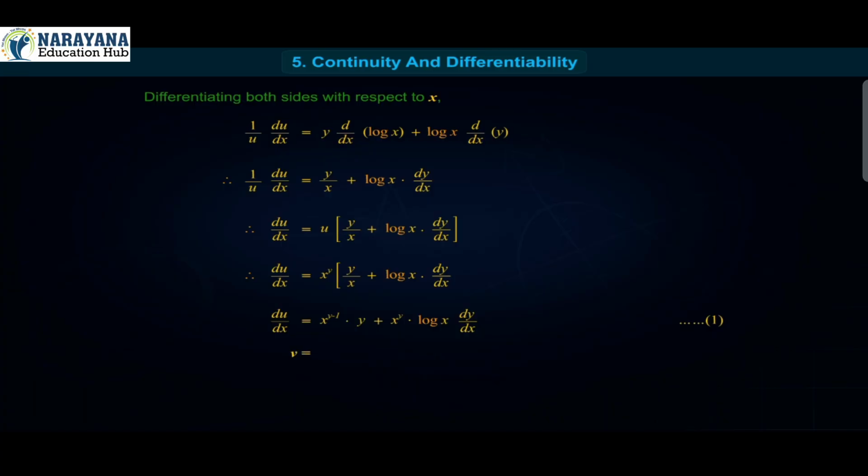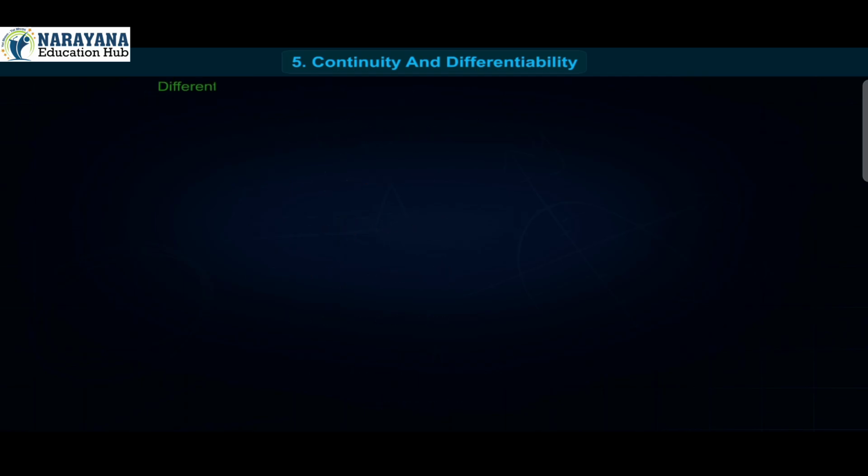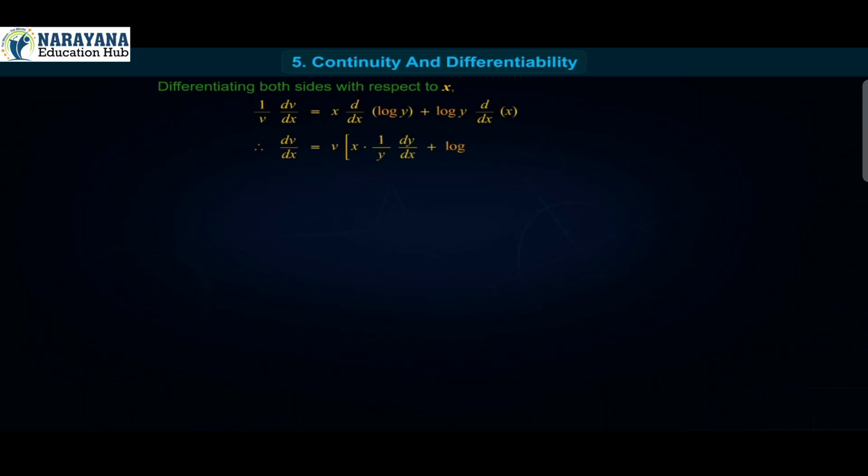Equation 1. v = y^x. Taking logarithm on both sides, log v = x log y. Differentiating both sides with respect to x, 1/v dv/dx = x d/dx(log y) + log y d/dx(x). Therefore, dv/dx = v (x (1/y) dy/dx + log y).